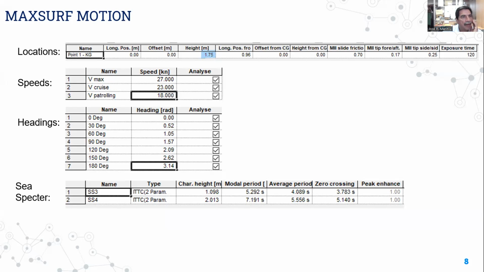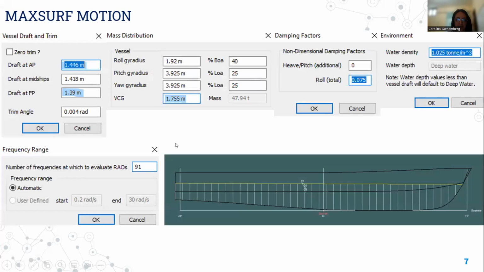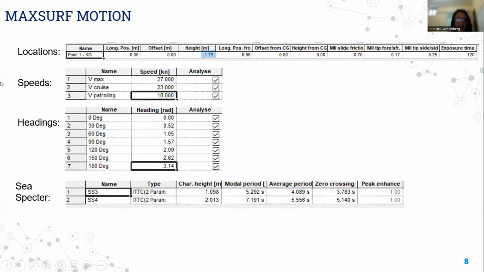Go on. Okay, and next we put this data. We select the location, speeds, headings, and sea state. In the location, we consider 1 point in the KG, but we need to consider the point in the superstructure, specifically where the passengers stay.